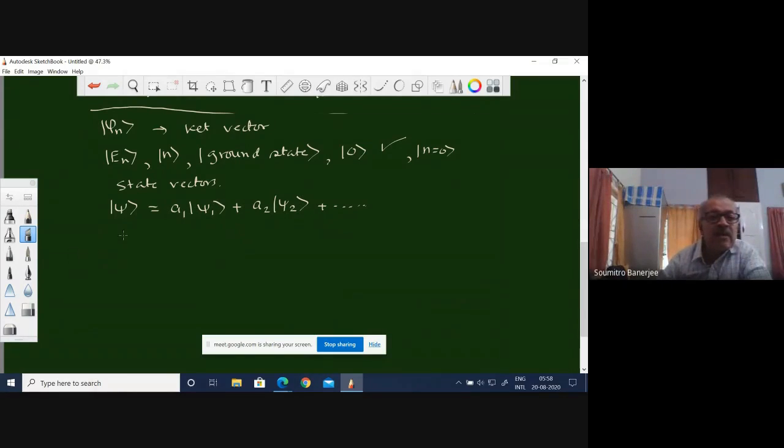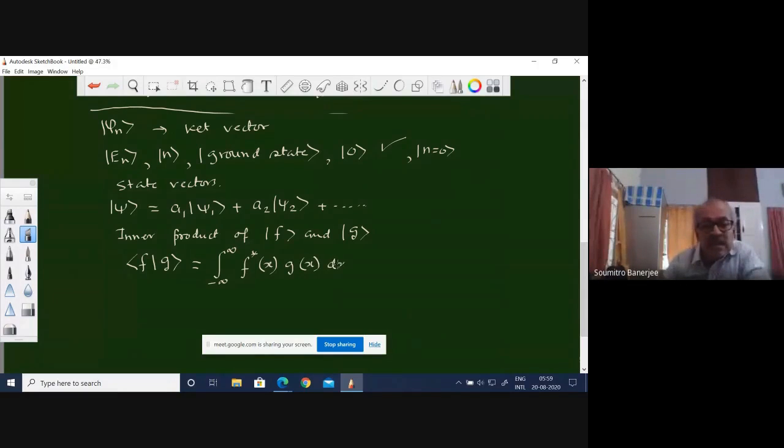Now let us talk about the inner product of two such vectors, f and g. This inner product is written in the form f, g, and this is called a bracket. This inner product will then be our well-known concept of the overlap integral, f star x times g x.